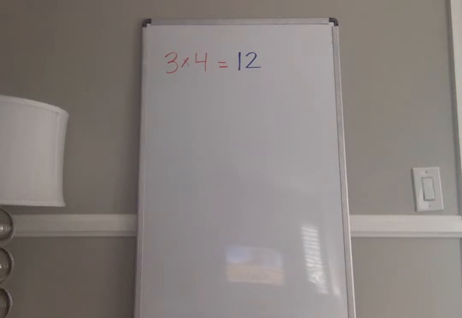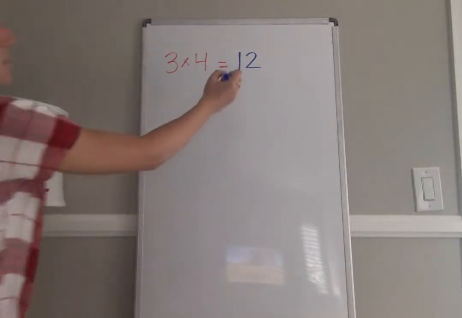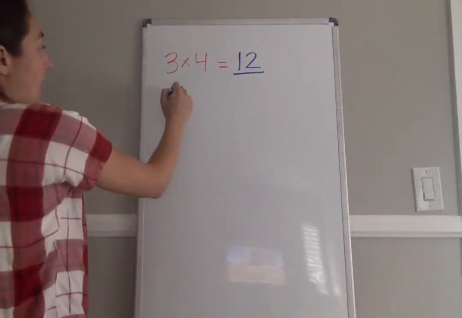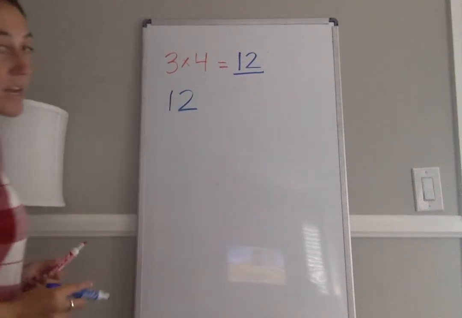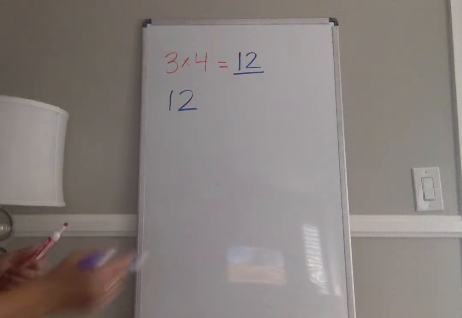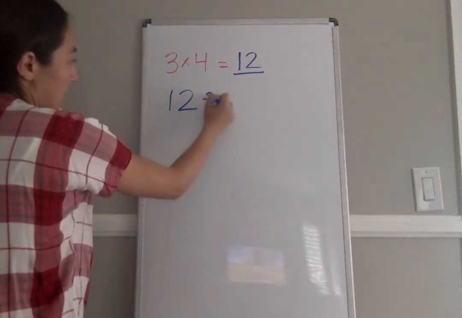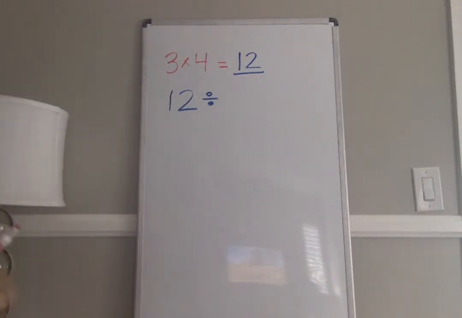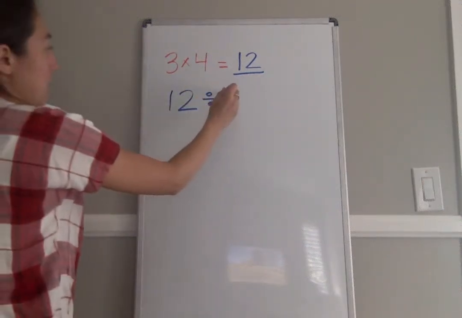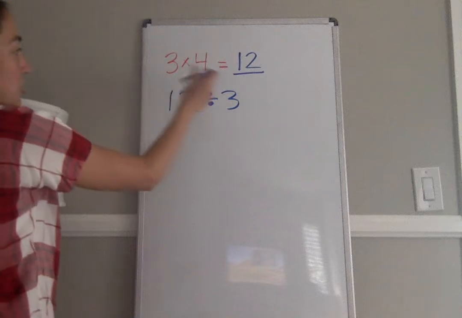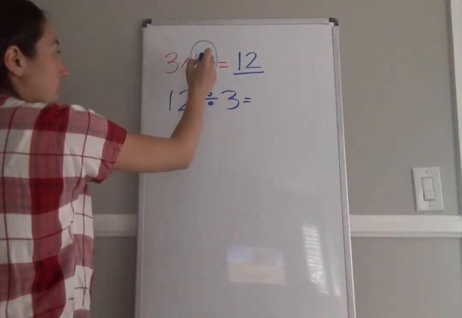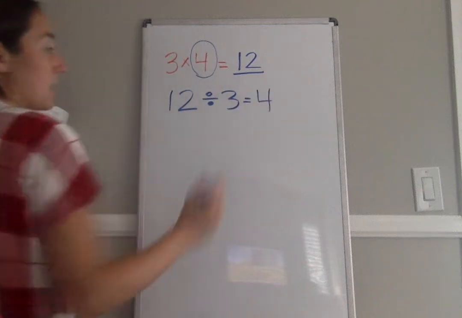So the way I turn this into a division problem is I take the biggest number, which is the answer of multiplication, and it becomes the beginning number of division. I then put my division sign, or my divided by sign, and I'm going to take the 3, the first number of multiplication, and then my answer is going to become this second number.